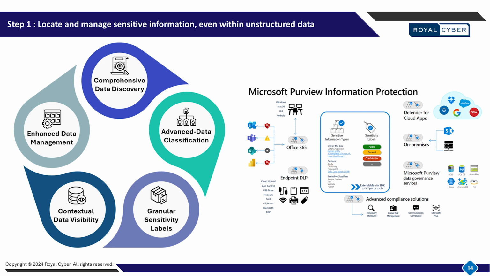So you can have public, general, confidential, different labels, and all of this can be customized as per your organization. With this level of visibility, you can take targeted actions to secure and control access to this information, ensuring that the data, which is very important to the organization, is handled properly at all times, right?